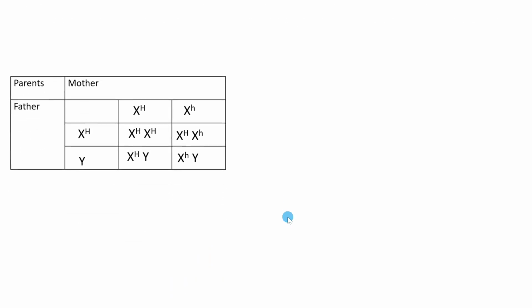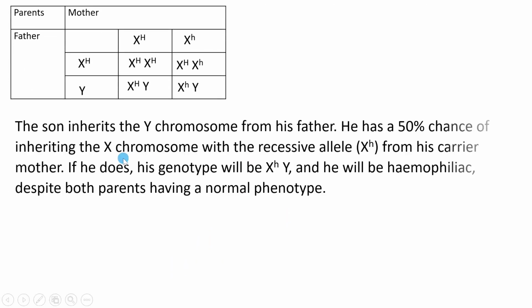Now, in the conclusion, we say the son inherits the what? You see that this would be a male child, referred to as the son, so he carries the Y chromosome. The son inherits the Y chromosome from his father.